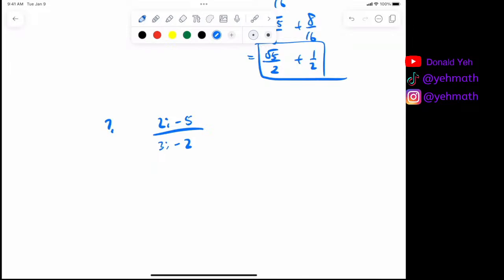So there's no difference. Your operation is exactly the same as before. Your operation is going to be the conjugate. Was the conjugate 2i minus 5 or the conjugate of 3i minus 2? 3i minus 2. So we need to multiply by the conjugate. The conjugate of 3i minus 2 is what? So 3i plus 2.